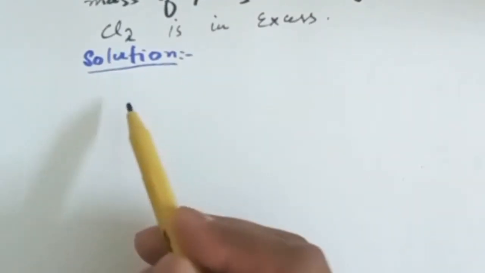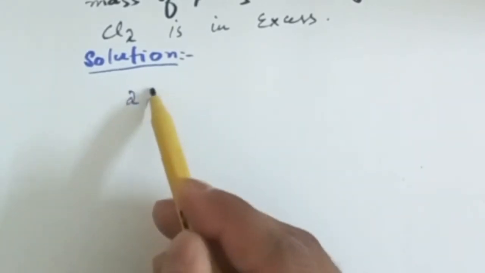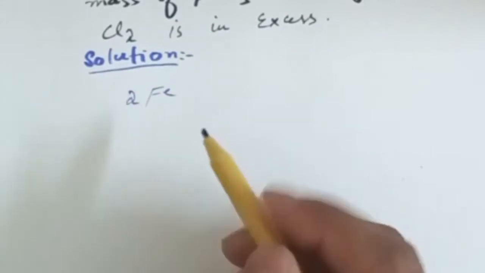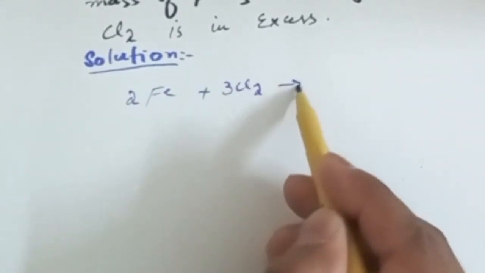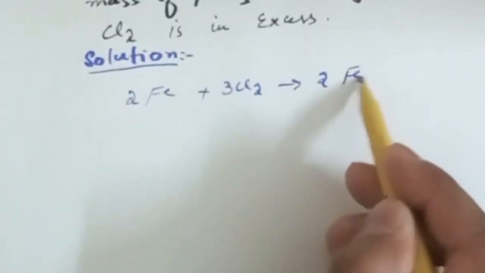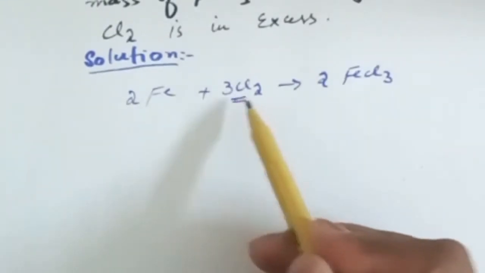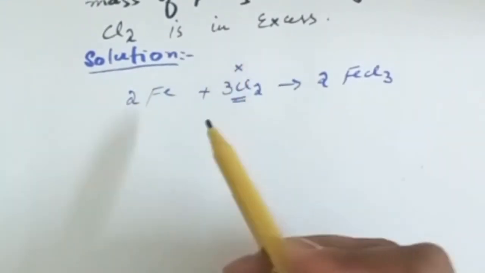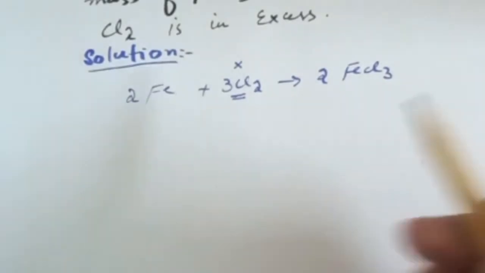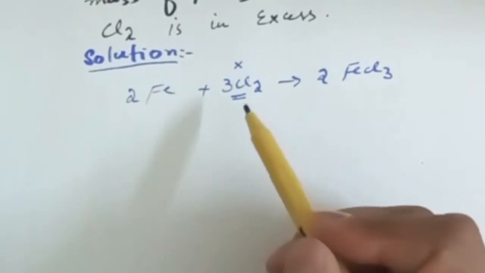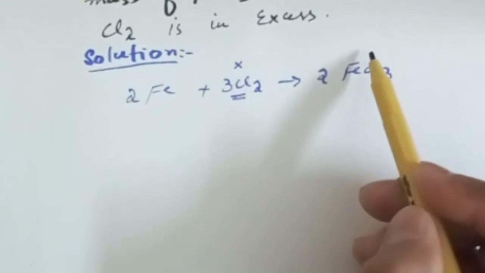So again, we will write down the equation: 2 iron react with 3 chlorine molecules and are converted into 2 iron chloride. As I have mentioned that chlorine is in excess, a small cross should be put on it, because it is not required so far in the calculations.